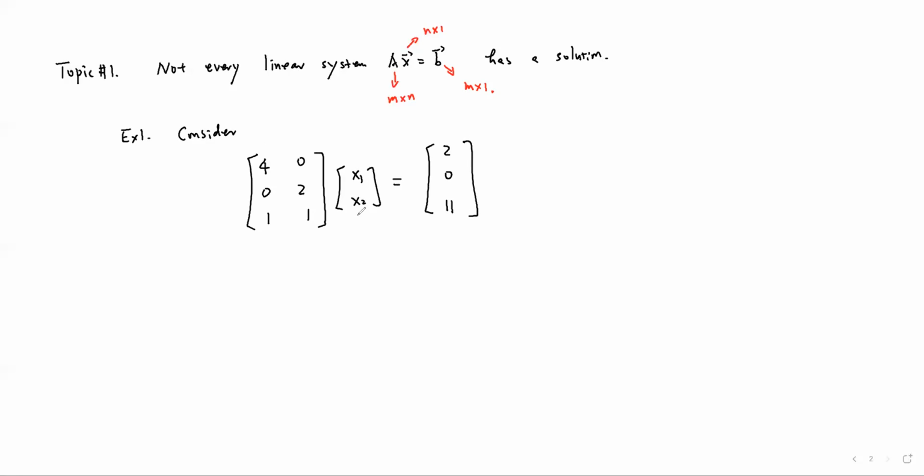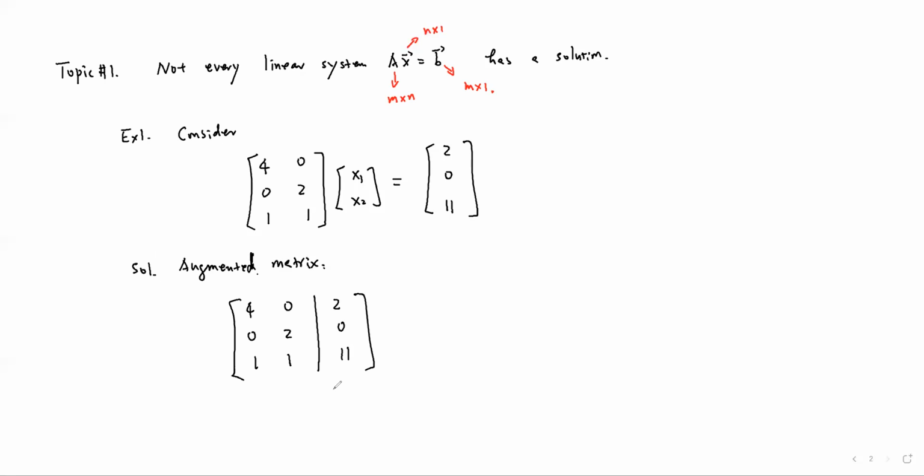This linear system has no solution. Why? Solve it. Augmented matrix. Right? 4, 0, 0, 2, 1, 1. Right side. Perform elimination to reduce the augmented matrix to an echelon form. We get 4, 0, 0, 2.